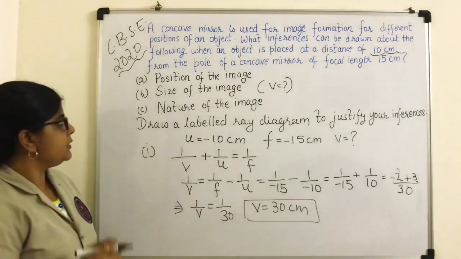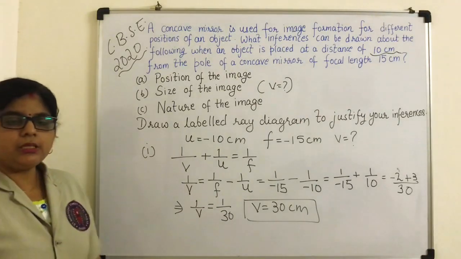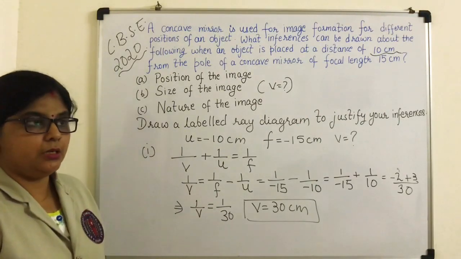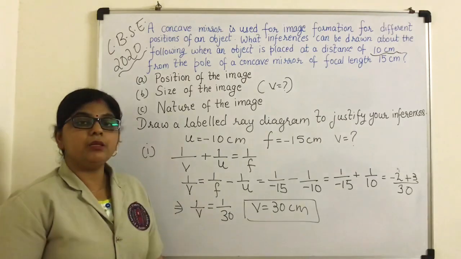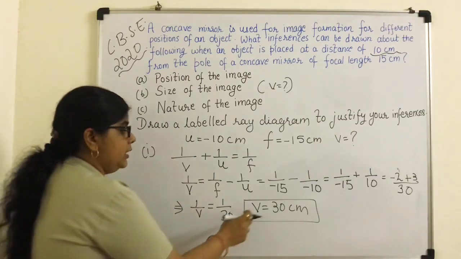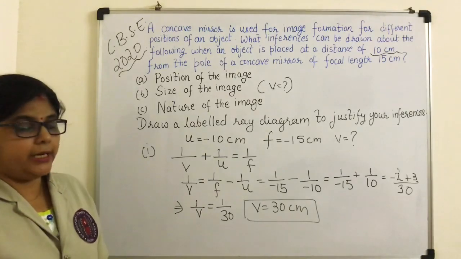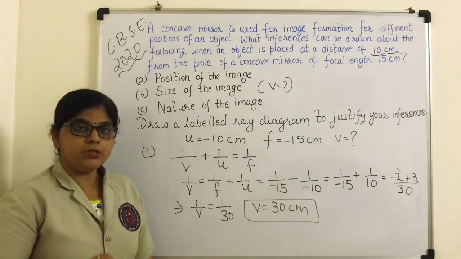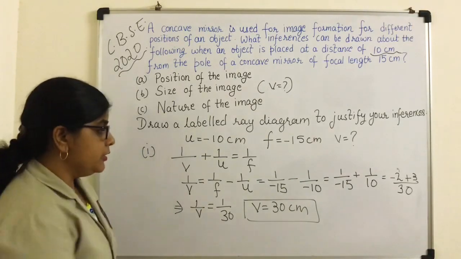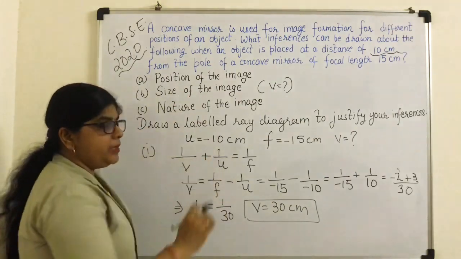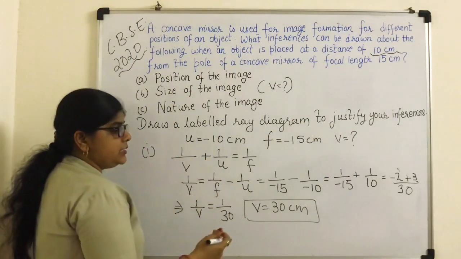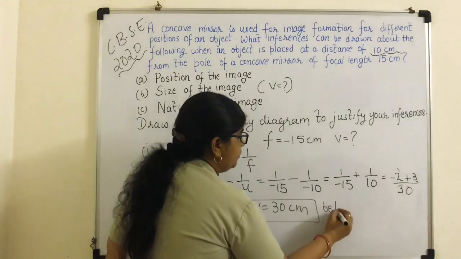What does it mean? Now where is the image, behind the mirror or in front of the mirror? See, there is a positive sign. Positive sign indicates that the image is formed behind the mirror. So image is formed 30 centimeter behind the mirror.